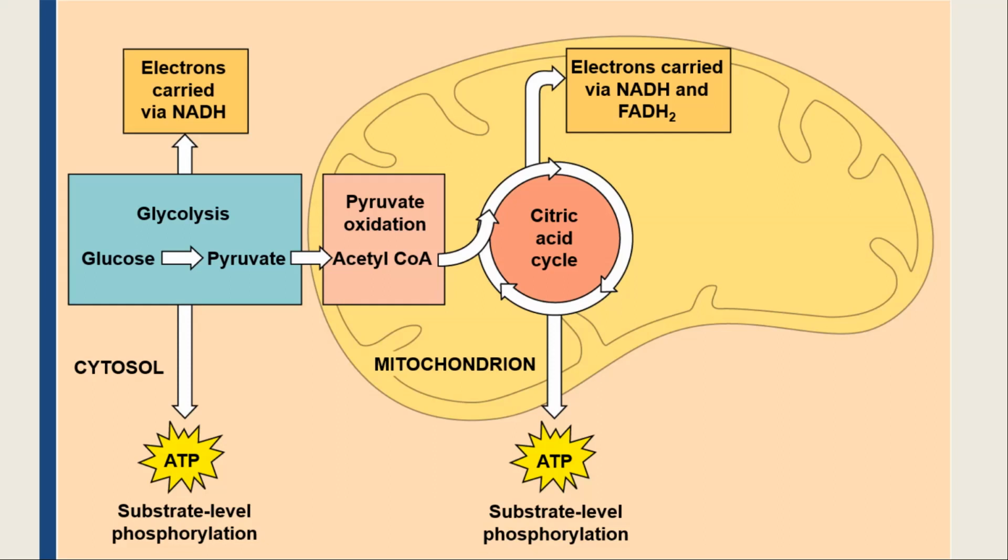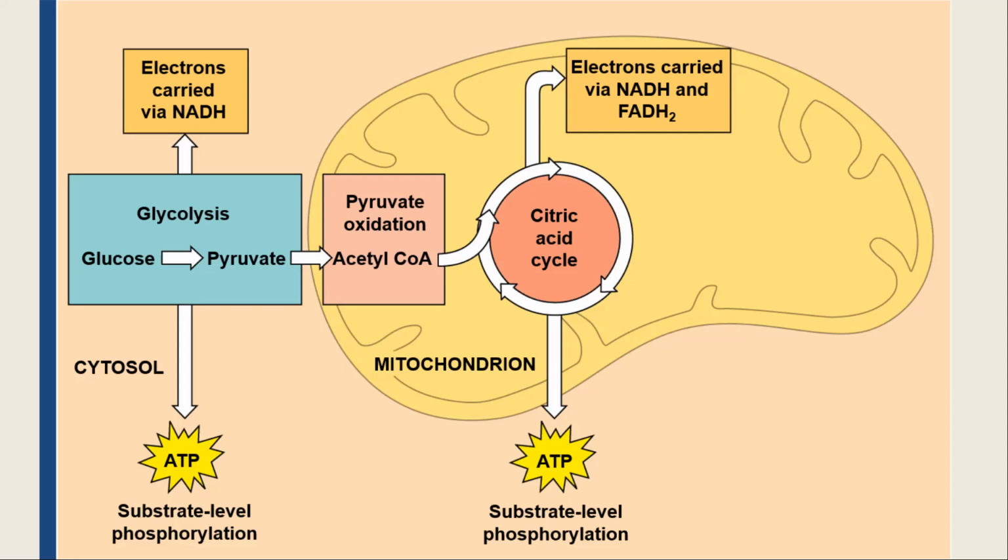Pyruvate oxidation and the citric acid cycle, that's the second stage of cellular respiration. In that process, 2 ATP molecules are made, and also a couple of electron-carrying molecules: NADH and FADH2, both of which are electron-carrying molecules.